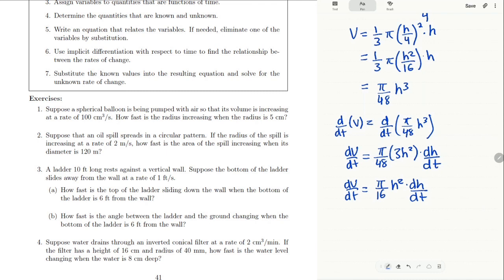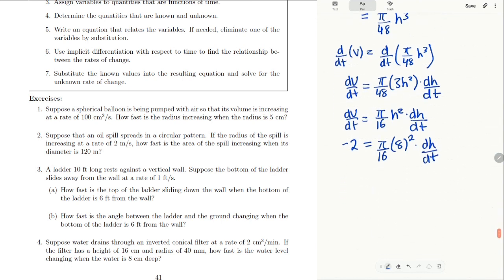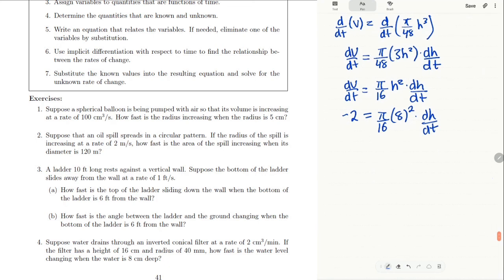So now we can substitute our quantities. We know that dV over dt is -2, which is equal to pi over 16. We're interested in the rate when the height is 8 centimeters. So we have 8 squared times dh over dt. Then this gives us -2 is pi over 16 times 64.